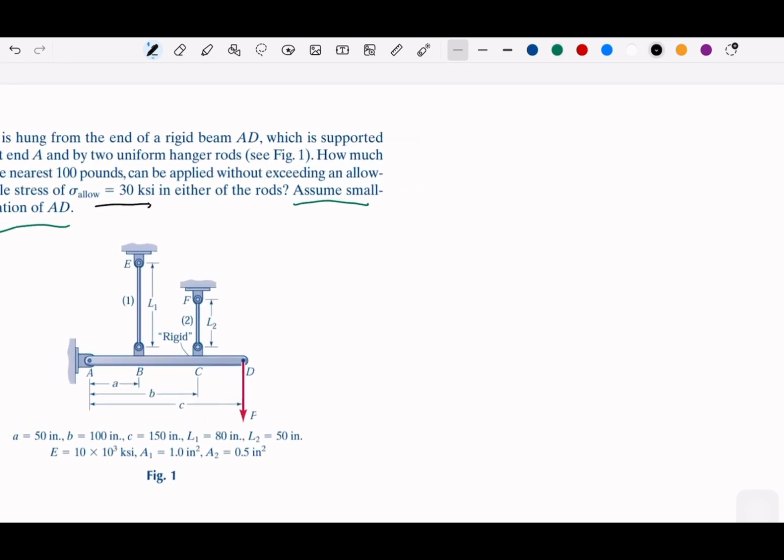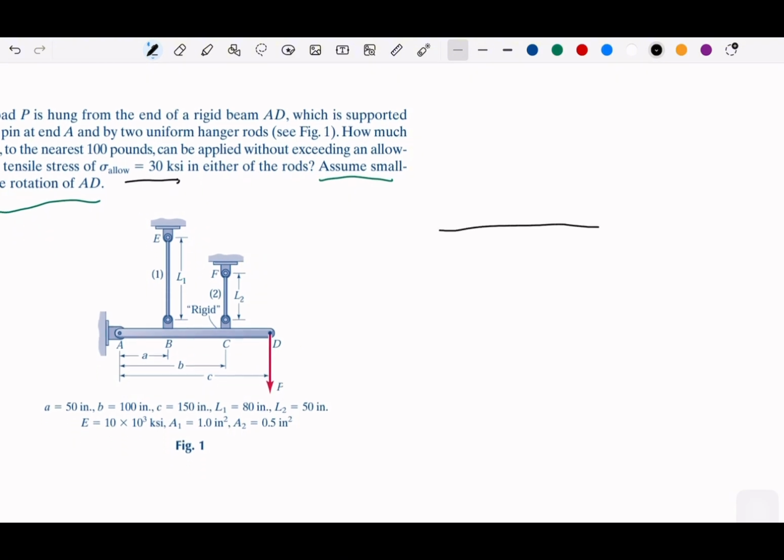So I will draw maybe around here. Okay, so we have A, and at A, it's a standard pin, so we have force at X and Y as usual.